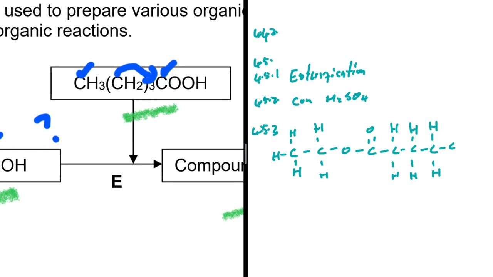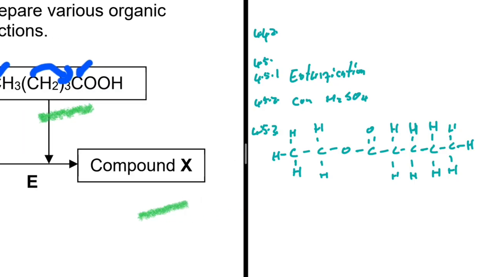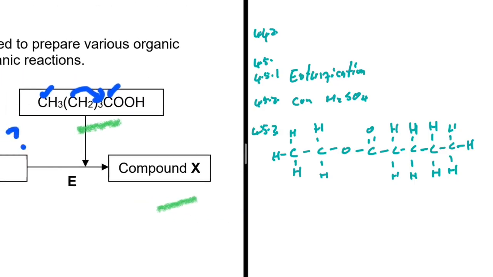Maybe we should just do the entire reaction so that you can see where it is coming from. But this is the answer. This is our product. This is compound X, right? Let me show you where it is coming from.